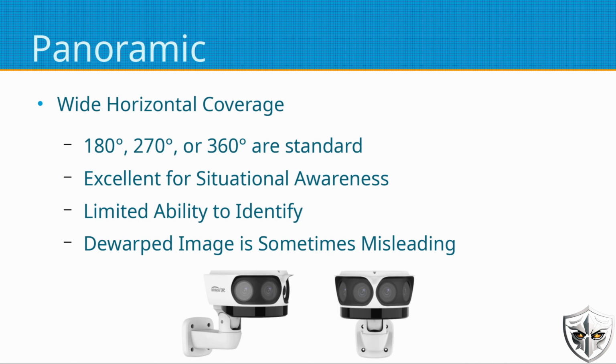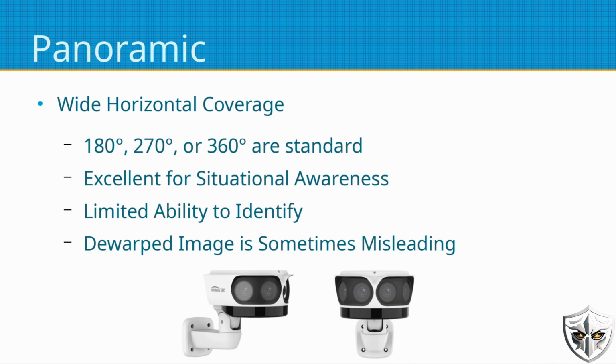Cameras like this de-warp the image, which is where they take a rounded image or multiple images stitched together and try to make one rectangular flat image. So sometimes the image is a little bit misleading. As an example, the one I saw had a sidewalk that ran parallel to the wall, so perpendicular to the way the camera is facing.